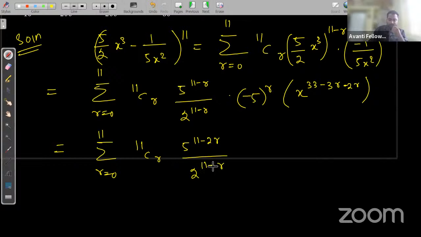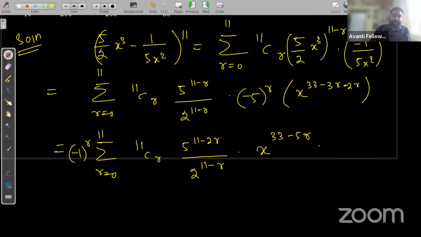Let's multiply minus 1 to the power r outside of this, whole into x to the power 33 minus 5r. Is it or not? Okay, now it is simplified.